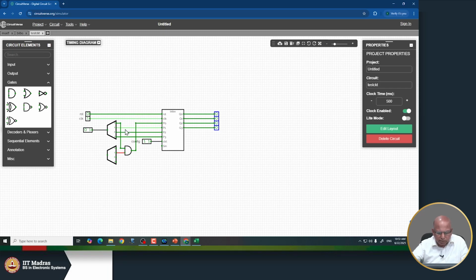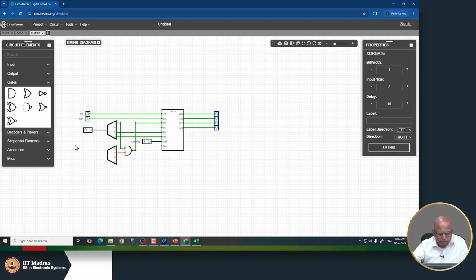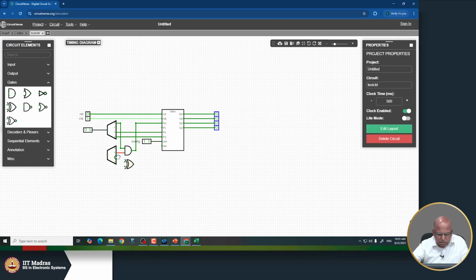Then I could take another gate, where I exert some 2 bits like this.